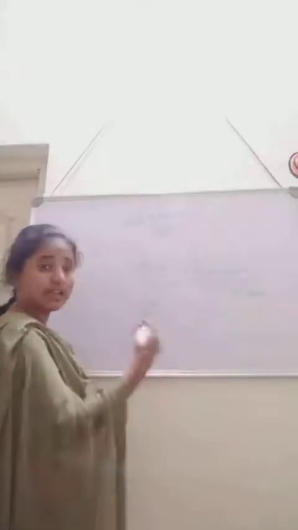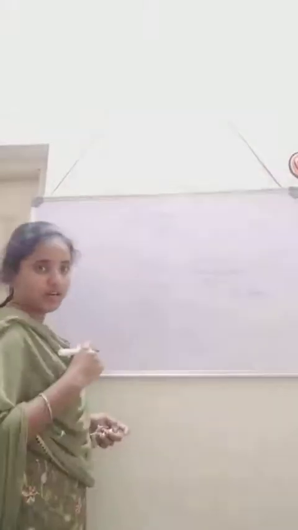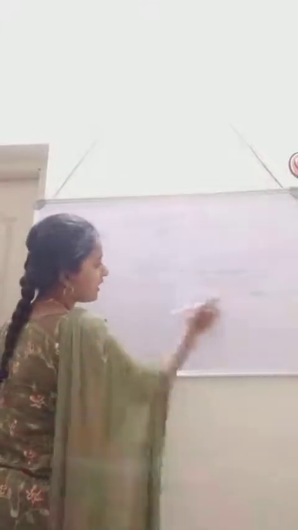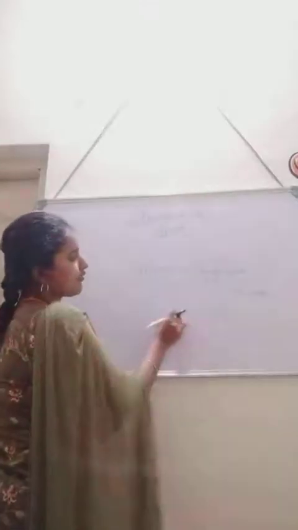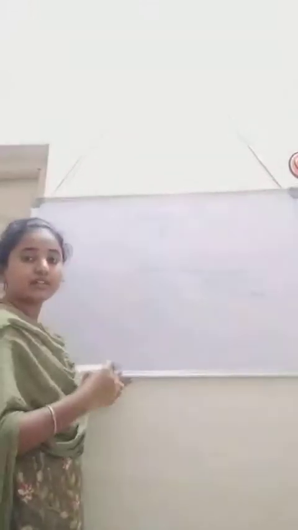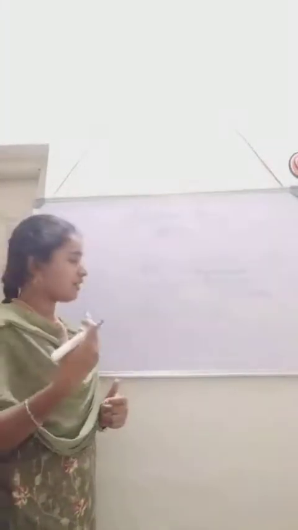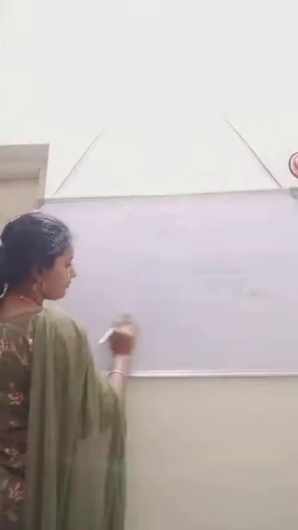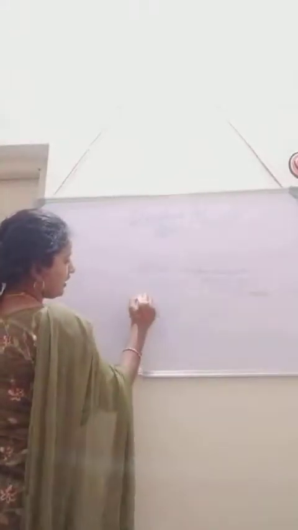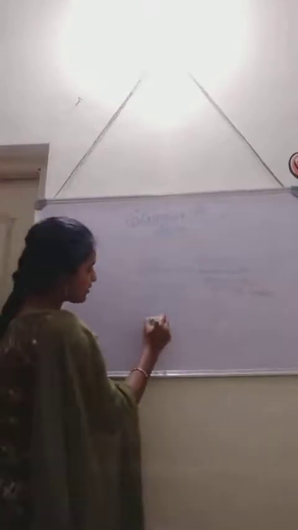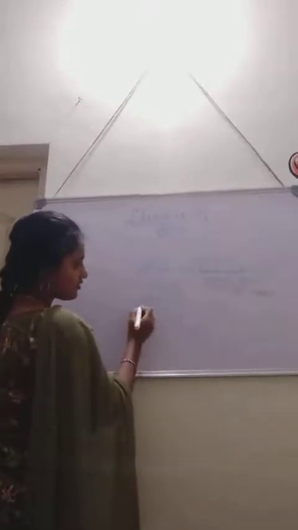And also he told that atoms of different elements combine in a definite proportion in order to make compounds. Example, NaCl. NaCl is a compound. What's the ratio? 1:1. One sodium atom combined with one chlorine atom in order to form sodium chloride.